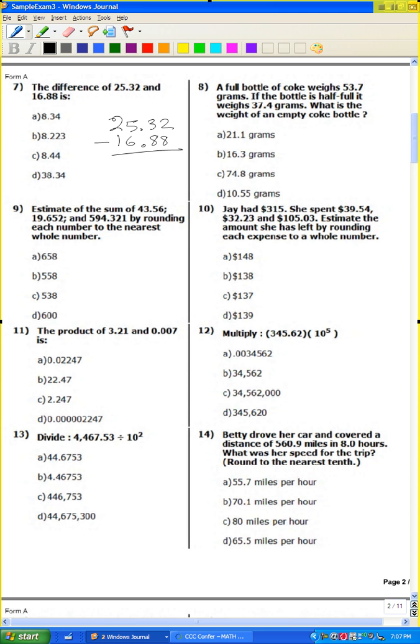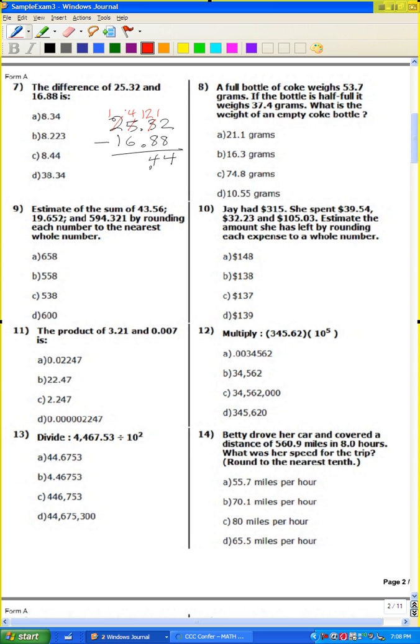Well, 2 is less than 8, so I'll have to borrow 1 from the 3. 12 minus 8 is 4. 2 is again smaller than 8, so I'll have to borrow 1. 12 minus 8 is 4. 4 minus 6, well, again, 4 is smaller than 6, so I have to borrow 1.